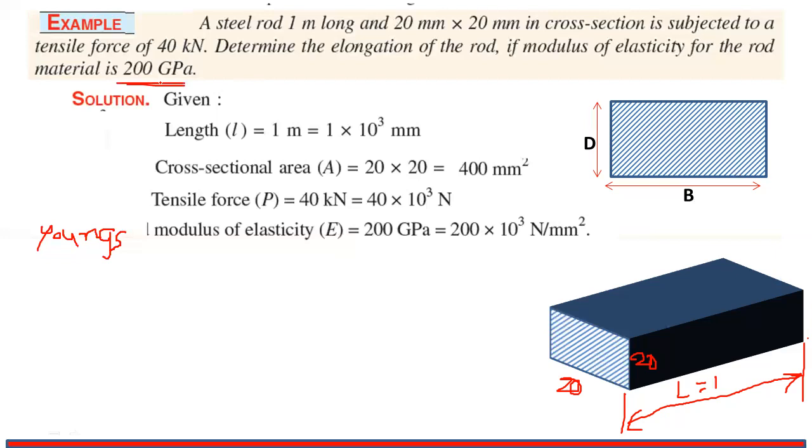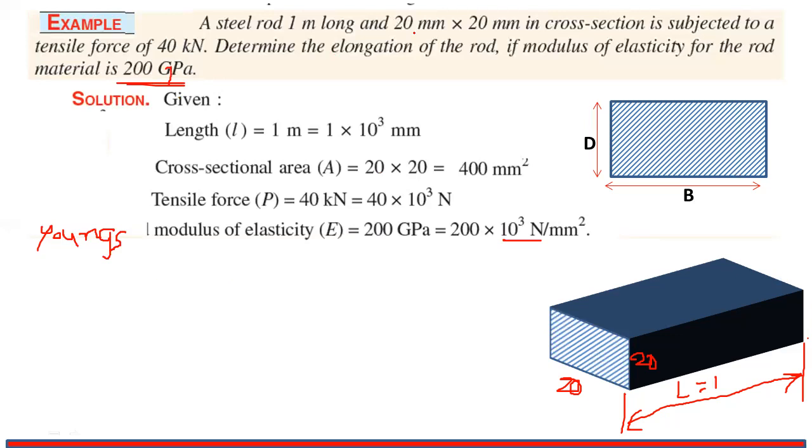Capital G means gigapascal. 1 giga equals 10 power 9 pascal, or 10 power 3 Newton per mm square. So these are in mm.